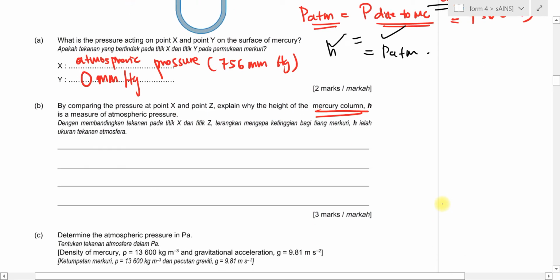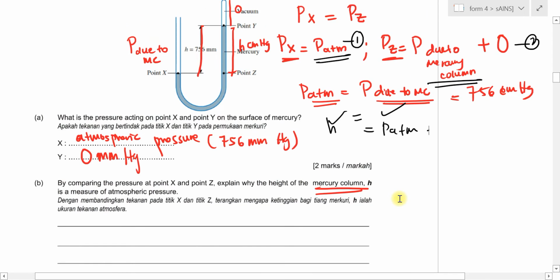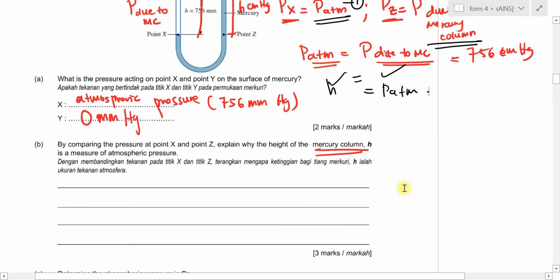But we need to explain by comparing X and Z. Explain why the height of the mercury column H is a measure of atmospheric pressure.